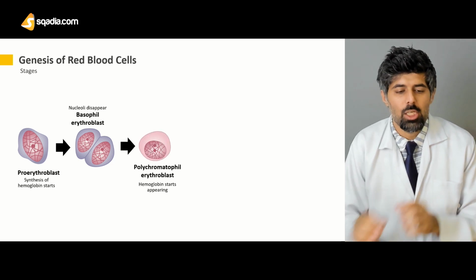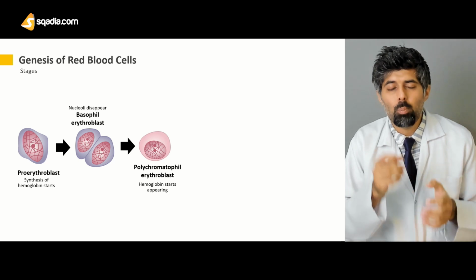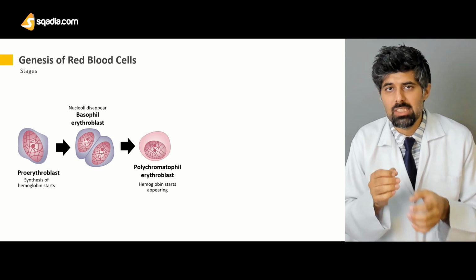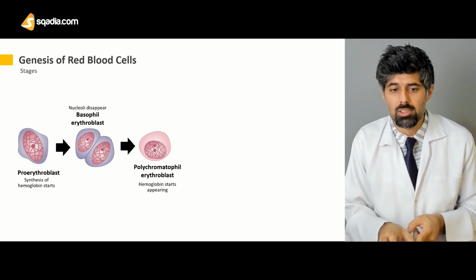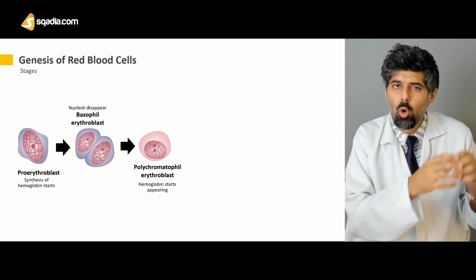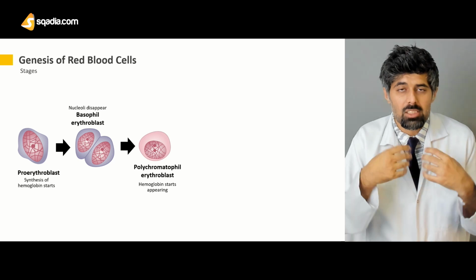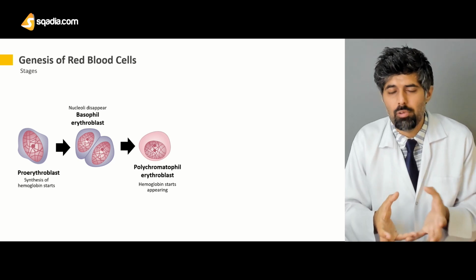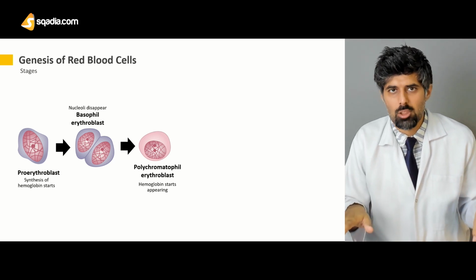The next stage is the polychromatophil erythroblast. Now, the polychromatophil erythroblast is the one where complete eosinophilic staining takes place. At this stage, hemoglobin, or clumps of hemoglobin, start to appear and start to give it its eosinophilic staining, and the nucleus totally starts to disrupt.